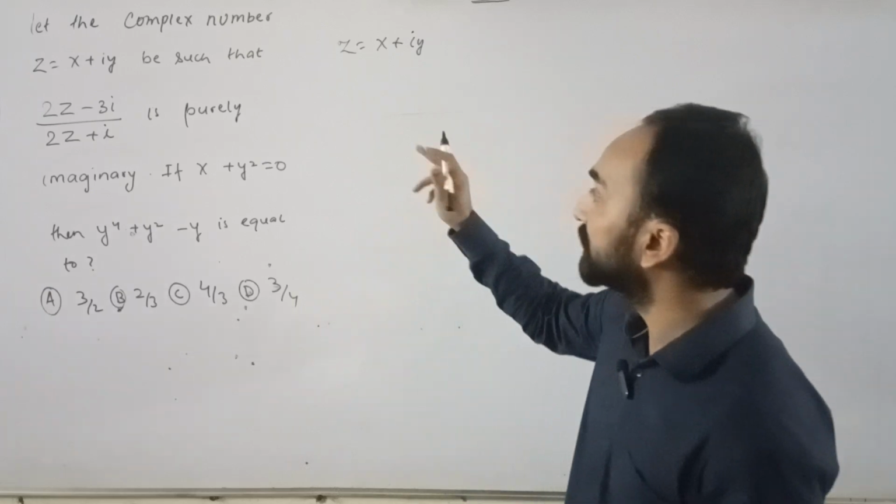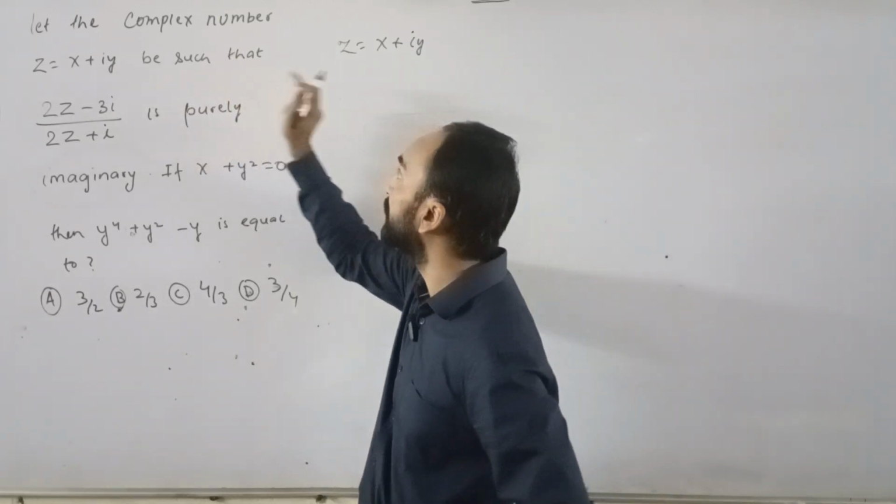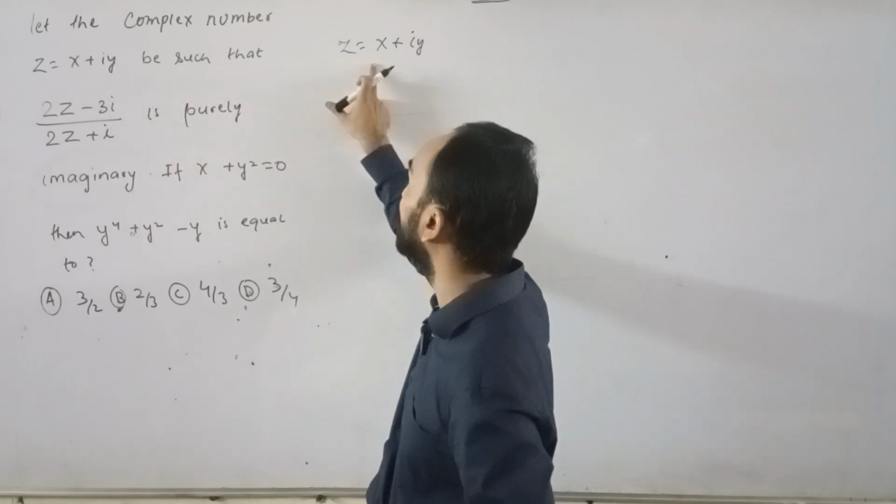The complex number z is given as x + iy.